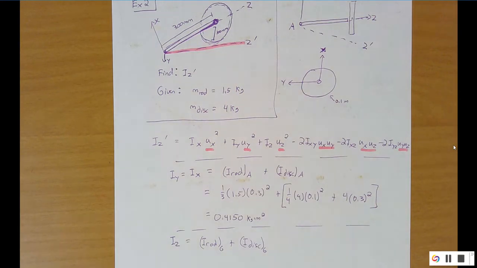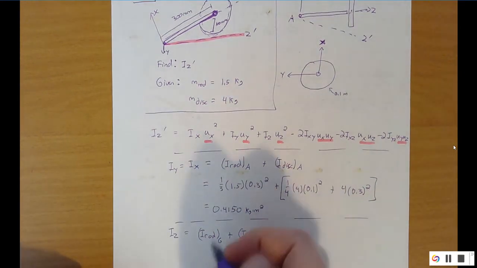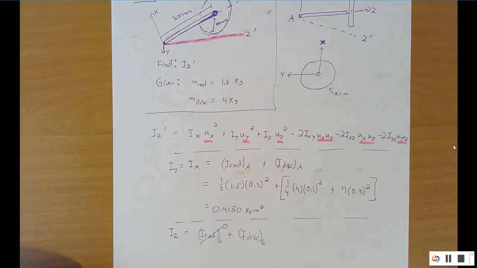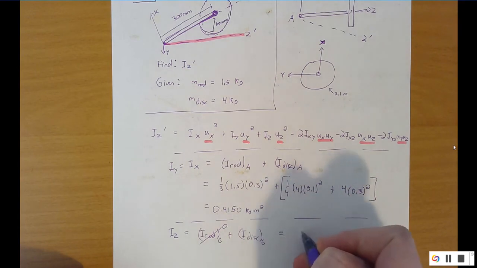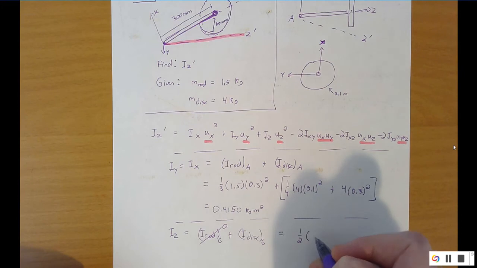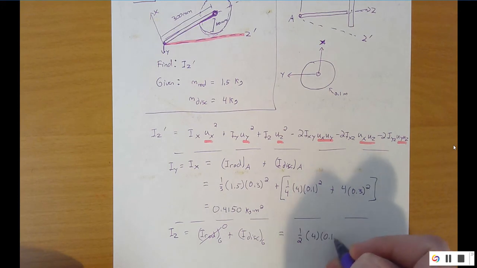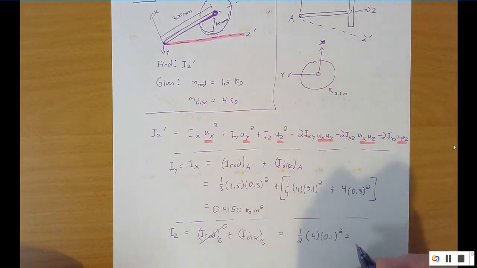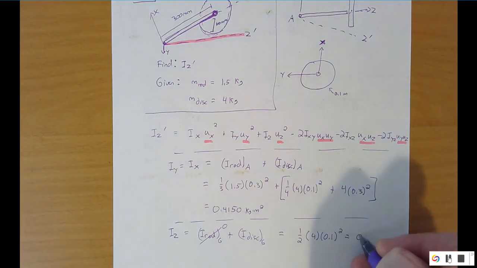Again, I rod is just 0. It has a negligible thickness or radius. We don't care about it. So we just use the disc, and that ends up being 1/2 mass radius squared. So 1/2 times 4, times 0.1 squared, which is 0.02.